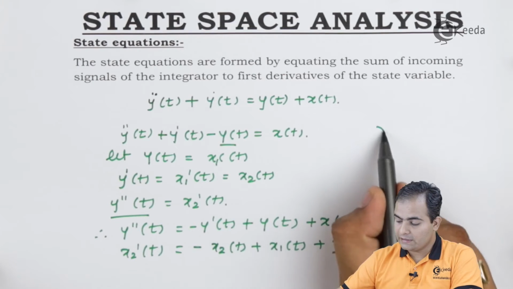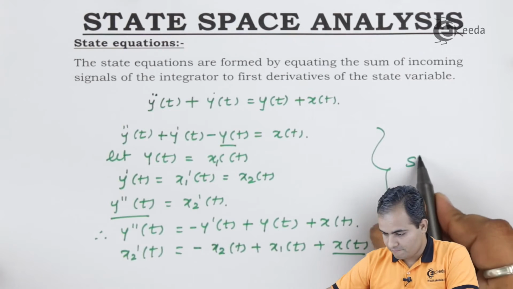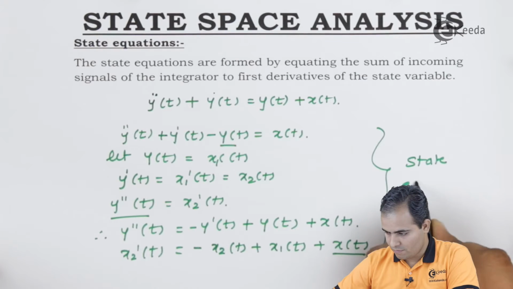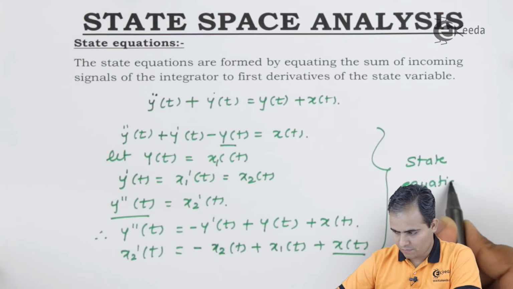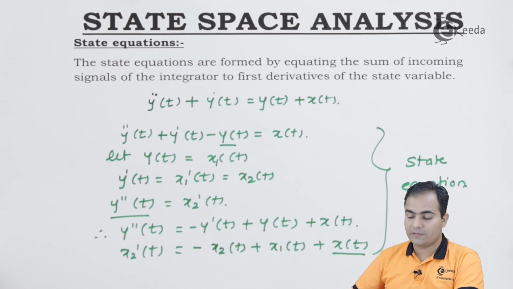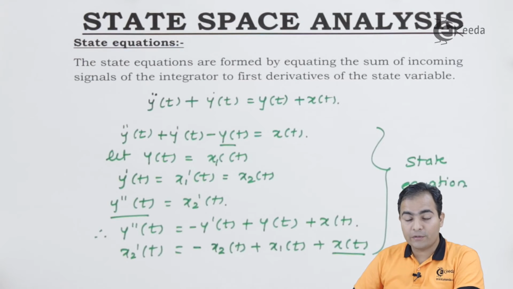So this is nothing but my state equation of the system. Using this we can find out a state variable model, that is the input state variable model as well as the output state variable model.